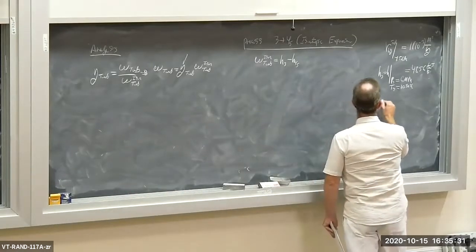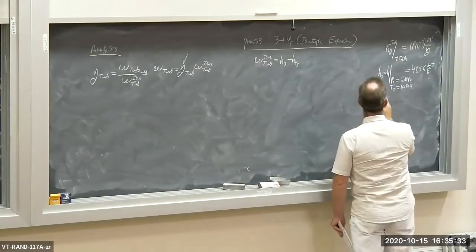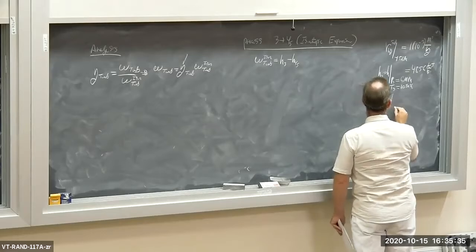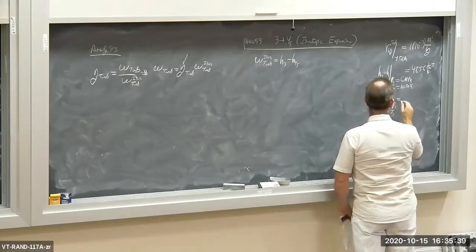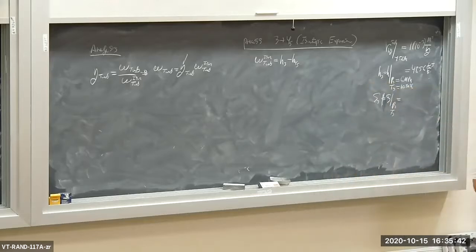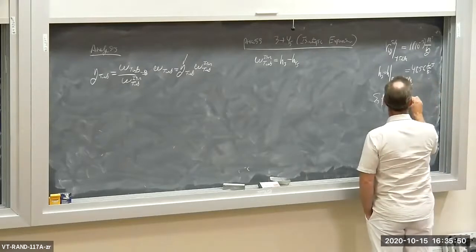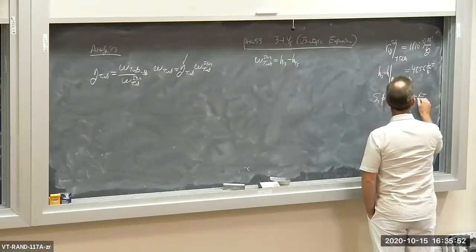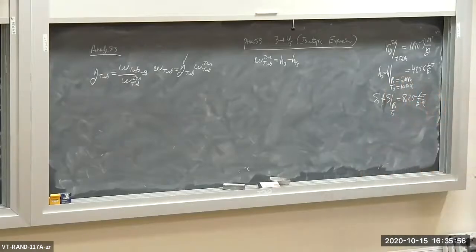So S3 is S evaluated at P3 and T3, which is equal to 8.25 kilojoules per kilogram degree Kelvin. Okay, that might be important because we have an isentropic process going on here.